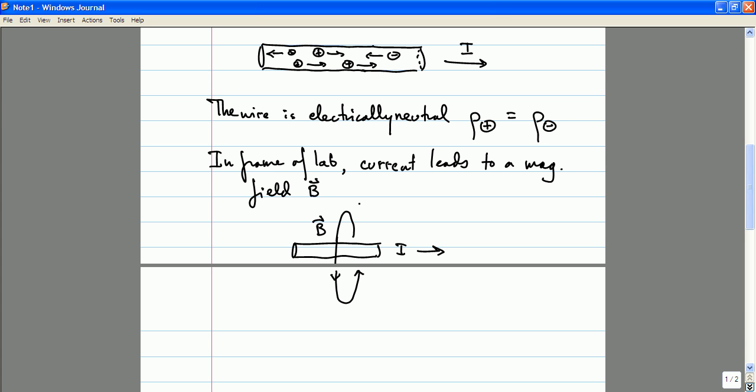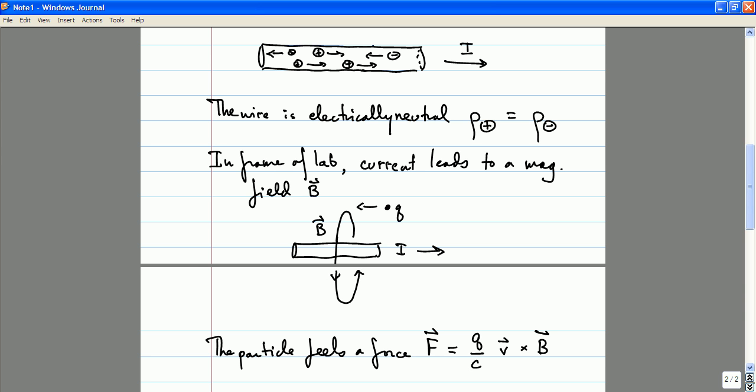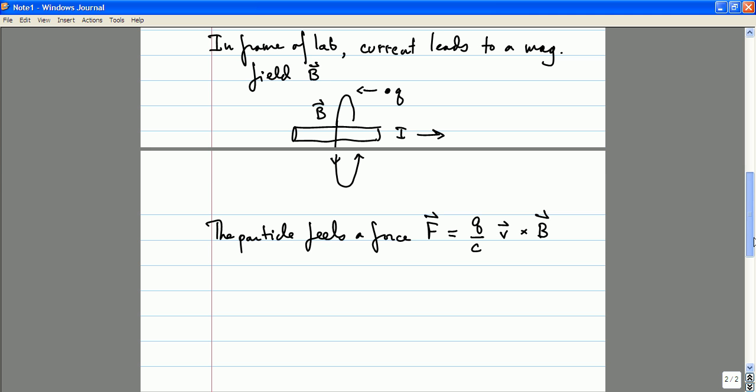And so if you have your charged particle here moving with some velocity v, then the charged particle will feel a force which is given by the Lorentz force law, which is Q over C times V cross B. And in order to determine the direction of the force, we just use the right-hand rule.